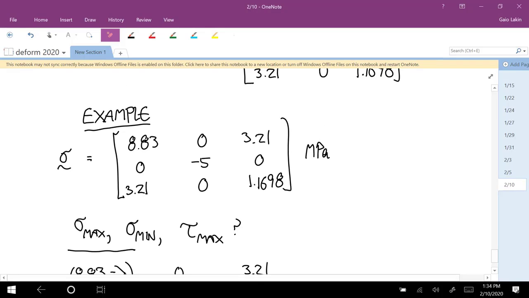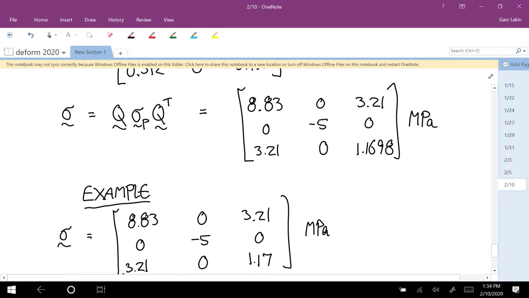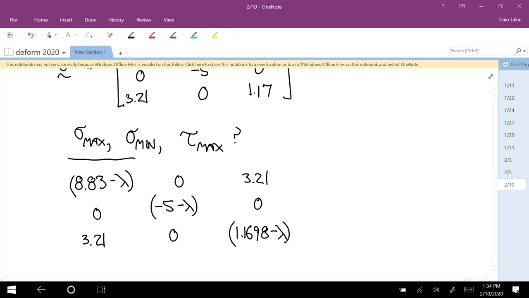Well, let's round that to 1.17. And we're going to set that determinant equal to 0.